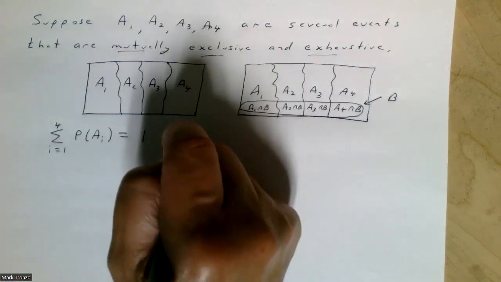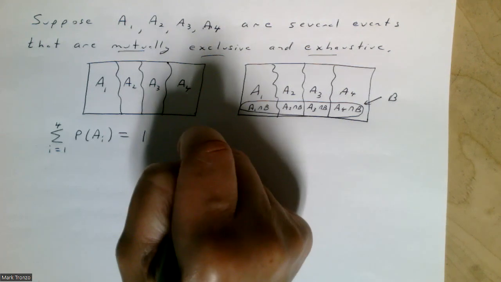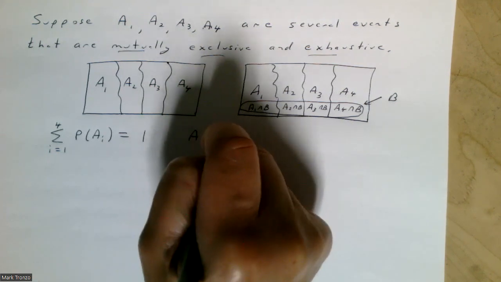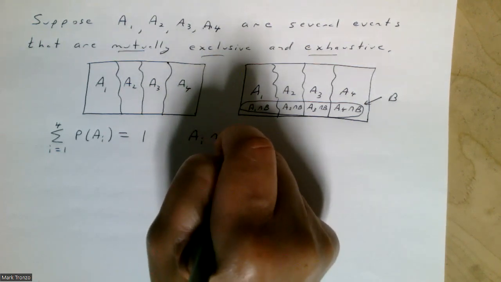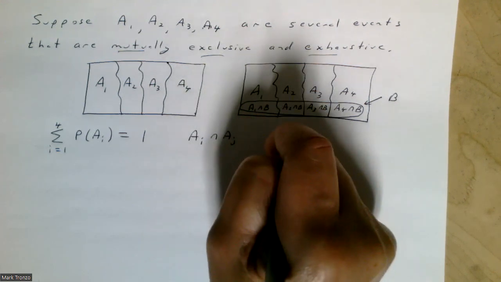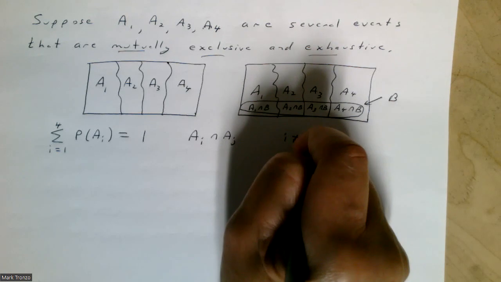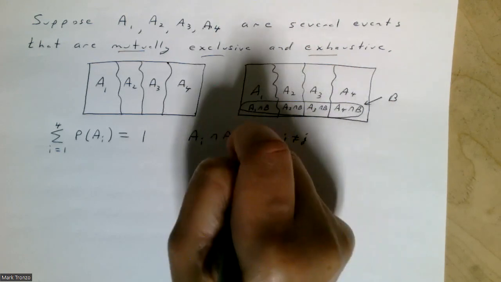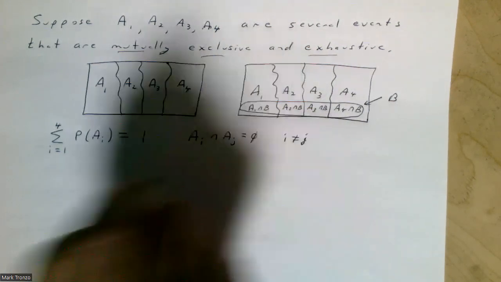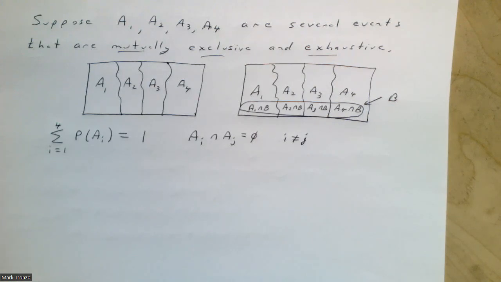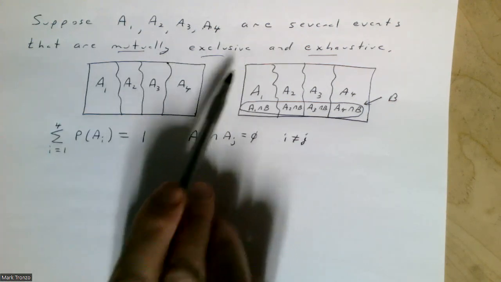And as we said before, Ai intersection Aj, where i is not equal to j, is going to be the empty set because they're mutually exclusive.